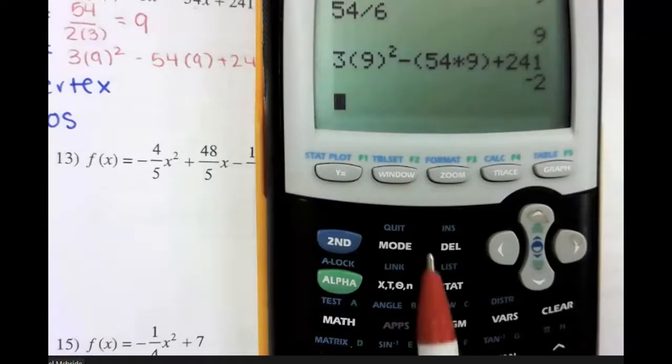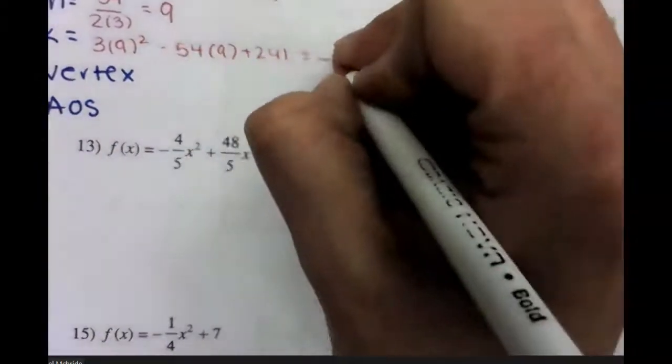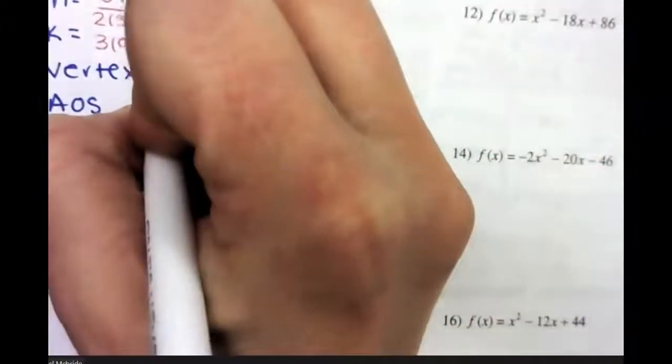So you should get a K value of -2. That makes my vertex 9, -2.